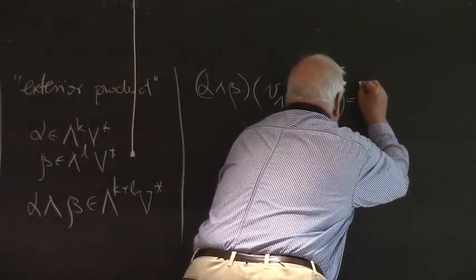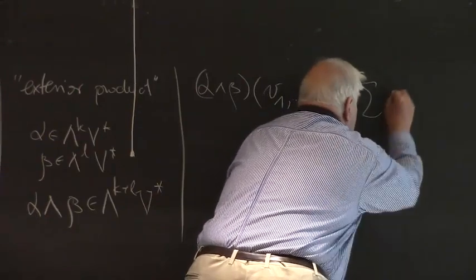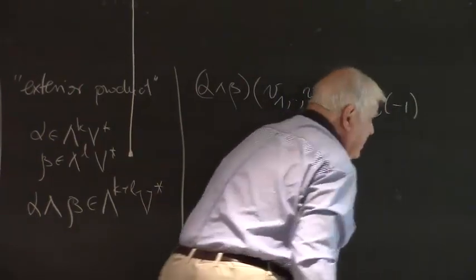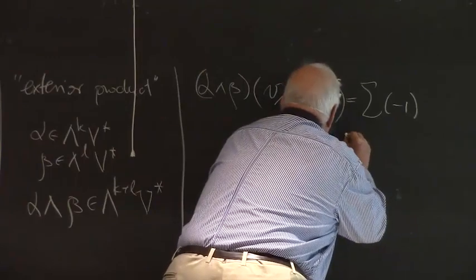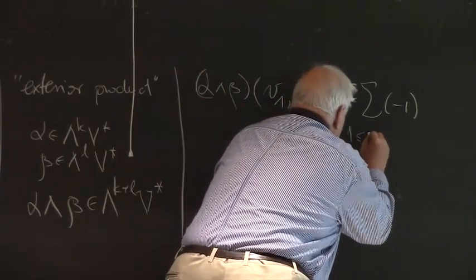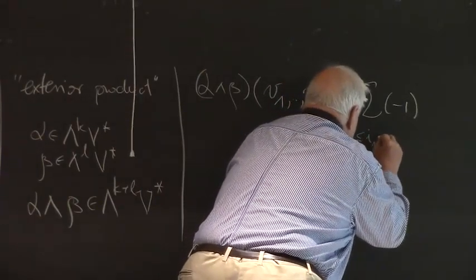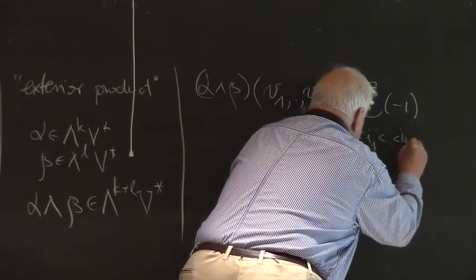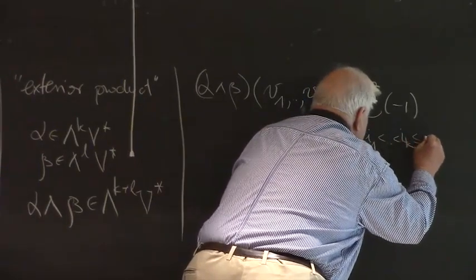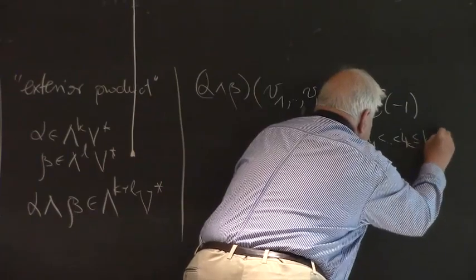is defined as the sum of minus 1 to a certain degree, which I write later. Here I write 1 less than or equal to i1 less than ... less than ik, up to k plus l.